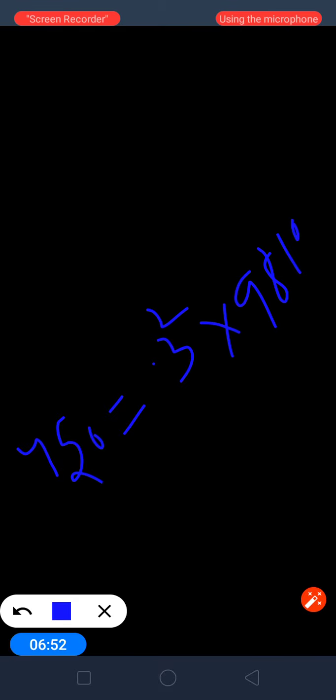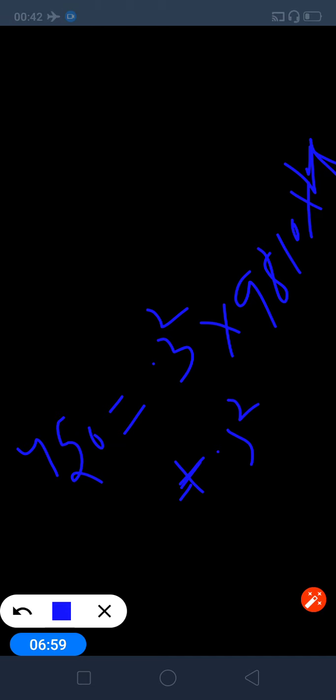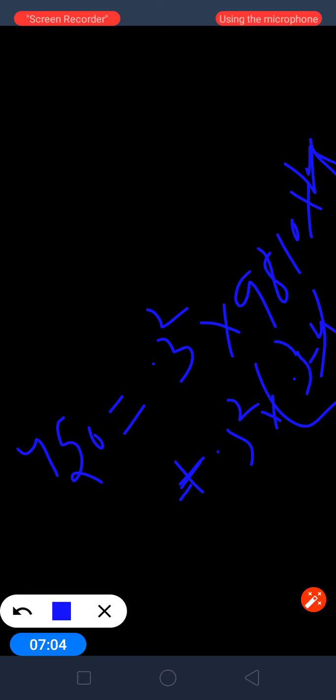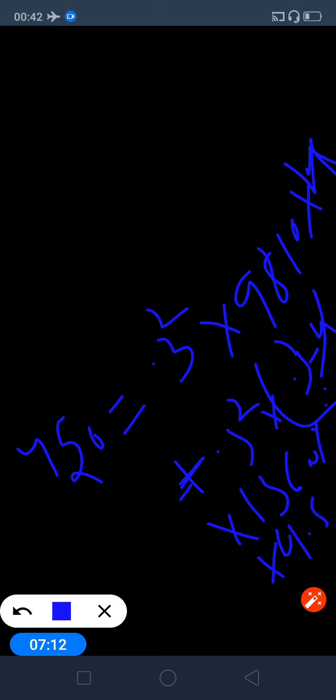So 450 equals 0.3 whole square into 9810 into x, plus 0.3 whole square into (0.3 minus x) into 13600 into 9.81.